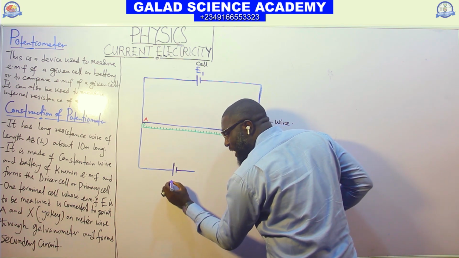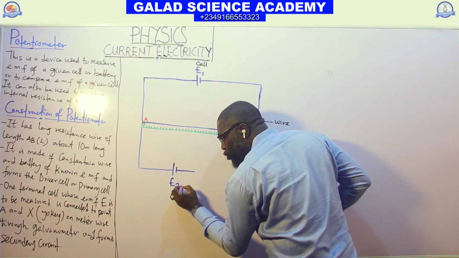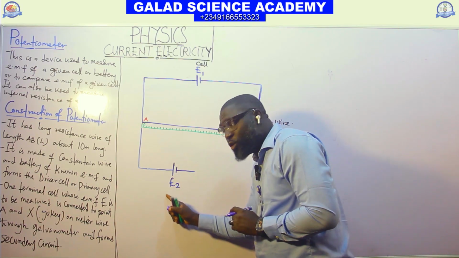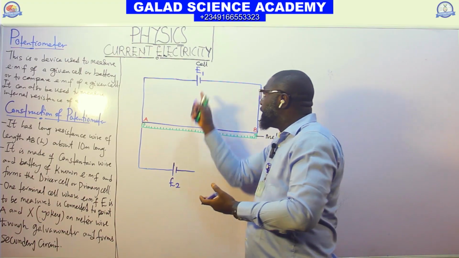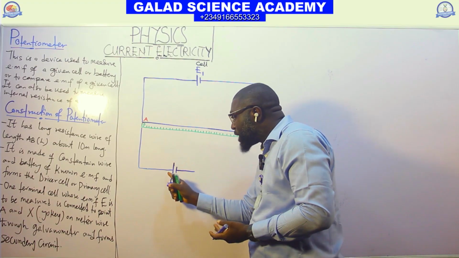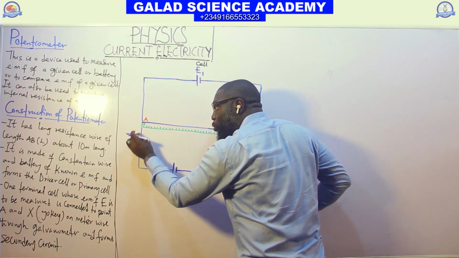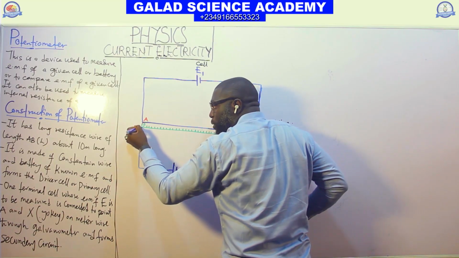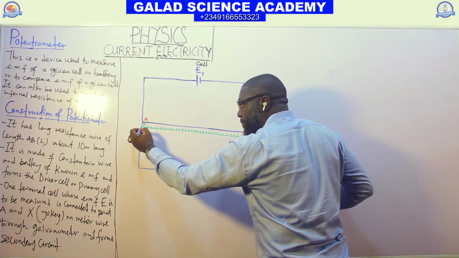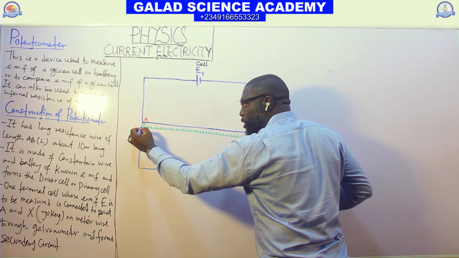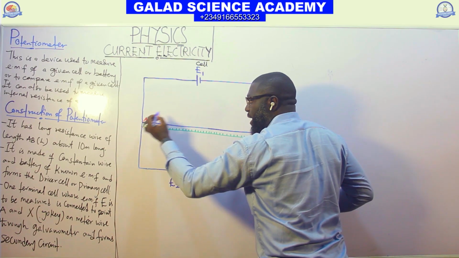This cell is EMF 2. The value of this one is unknown, it is the one you want to measure. The value of this one is known. This blue line represents wire, which I use to connect to this wire here.